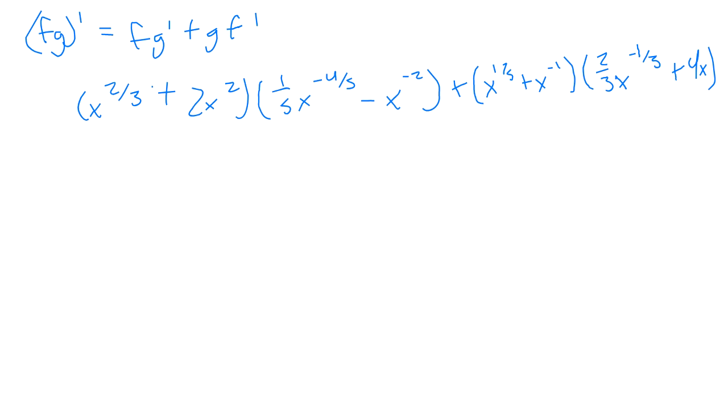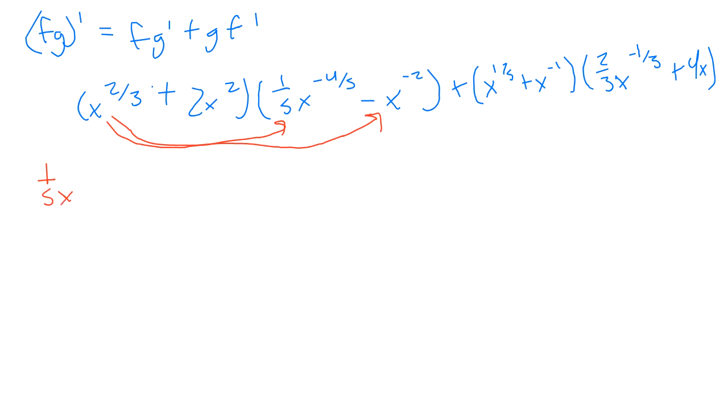So we're going to get x to the 2/3, and we're going to distribute that out to both parts of this function. So we get x to the 2/3 times 1/5 x to the negative 4/5. So we for sure have a 1/5 x. Now the exponent, so we have a 2/3 and a 4/5.